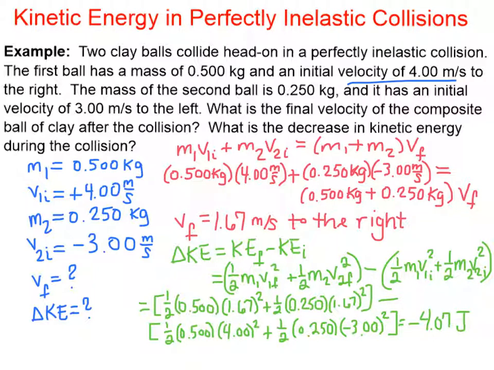When I substitute all of the values in and punch that into my calculator, and I apologize, normally I would write all of the units, but there just wasn't really enough room on the screen to do that, so I omitted the units this time. But my answer ends up being negative 4.07 joules. That is the change in kinetic energy. So that represents the amount of kinetic energy that was converted into some other form of energy during this inelastic collision.